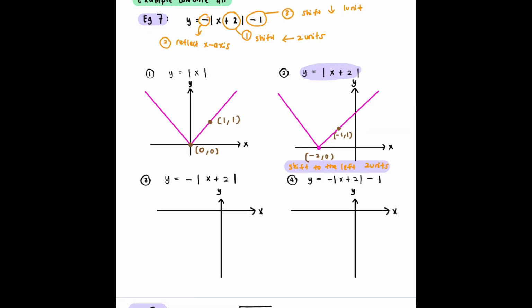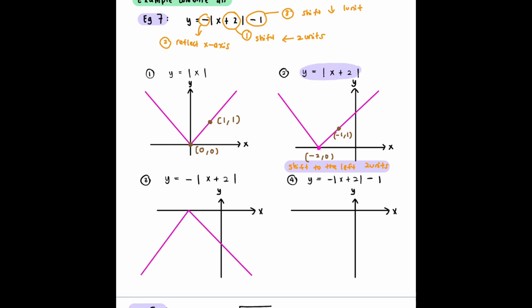So the next graph is what step? Second step is reflect about x-axis. So what is the equation? You have to write y equal to negative modulus of x plus 2. This is extra method needed for this step. So this graph, if you reflect about x-axis, your new graph will be facing downward.